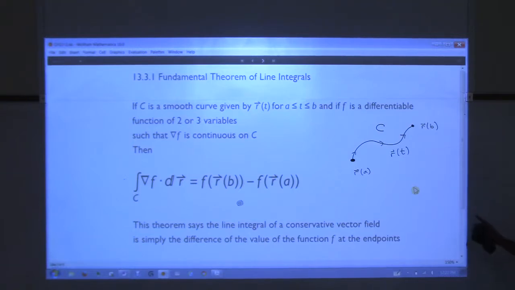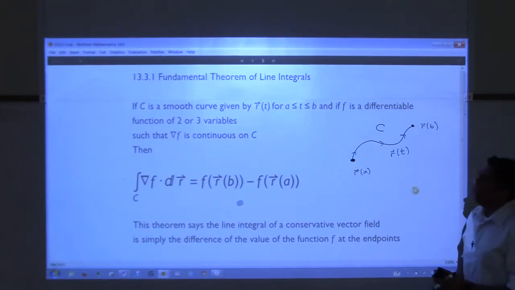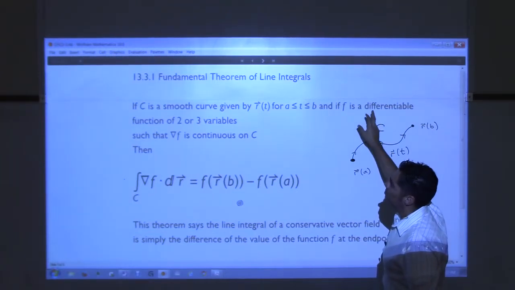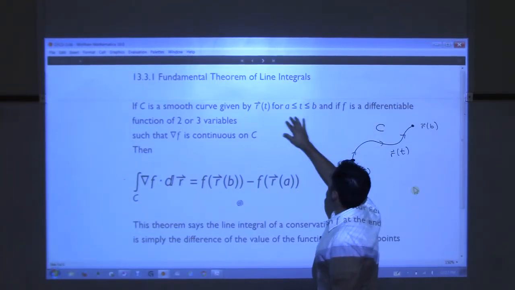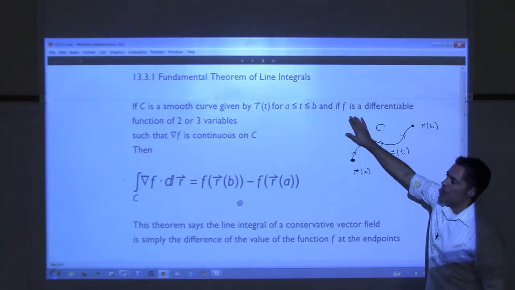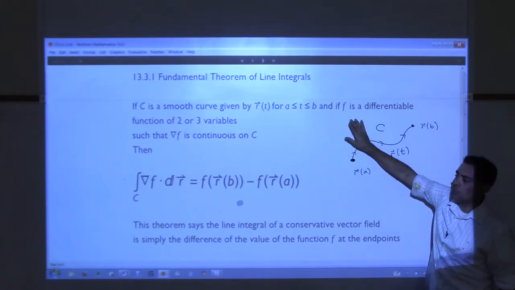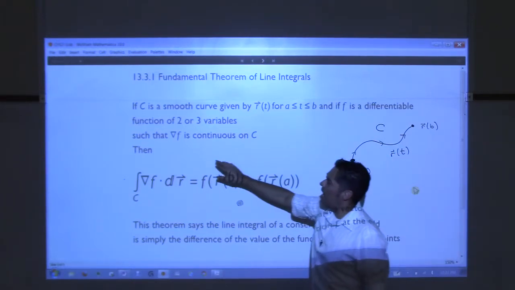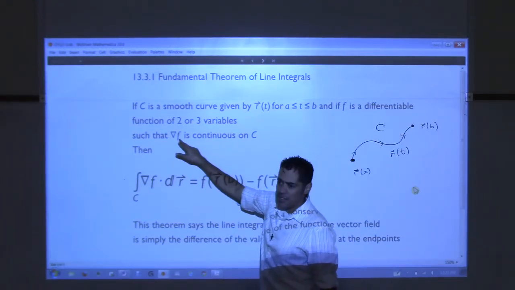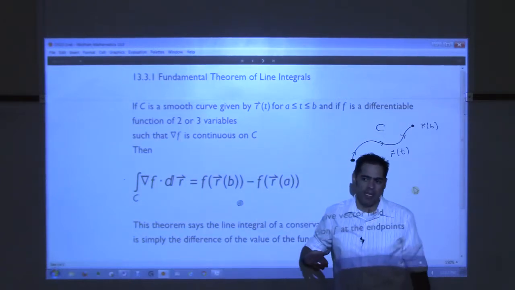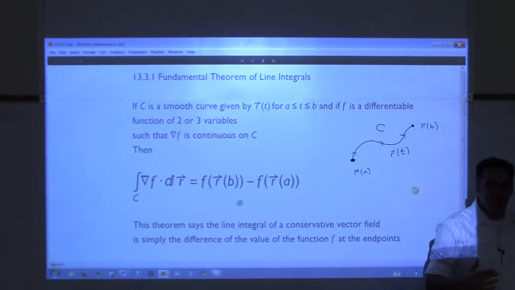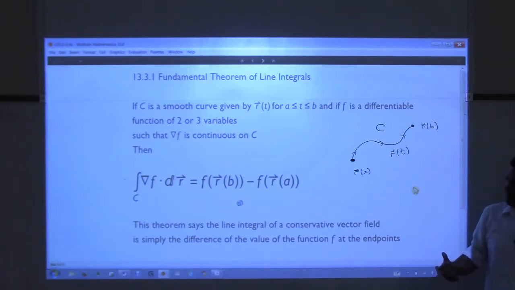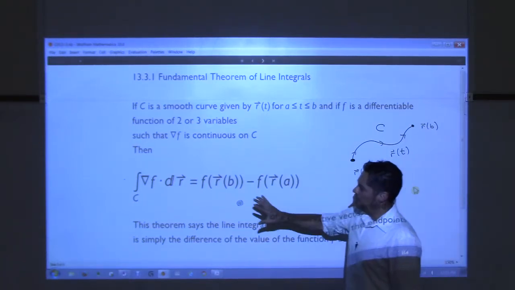So if you've got this scenario, and f is differentiable, so you've got this curve, and you've got this scalar function that is differentiable, such that the gradient of that scalar function is continuous, meaning that when you take the gradient vector, that vector is well behaved, doesn't do anything crazy. Then this is true.